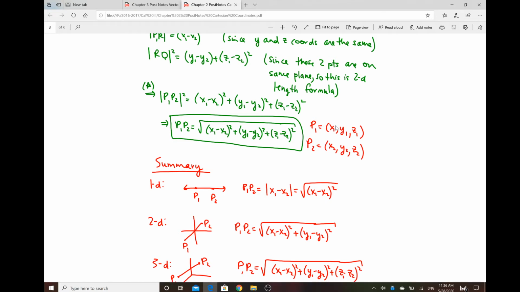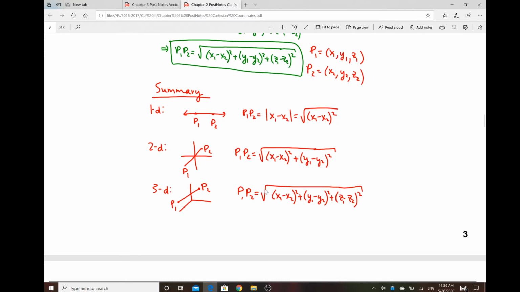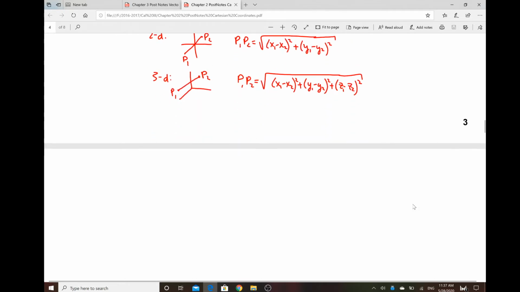In the 2D plane, to find the distance P1P2, we just use the regular distance formula: square root of quantity x1 minus x2 squared plus y1 minus y2 quantity squared. And then in 3-dimensional space, just like the one I showed the proof for, P1P2 equals square root of x1 minus x2 quantity squared plus y1 minus y2 quantity squared plus z1 minus z2 quantity squared.